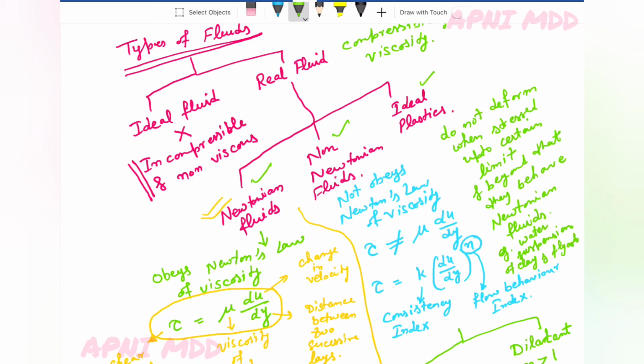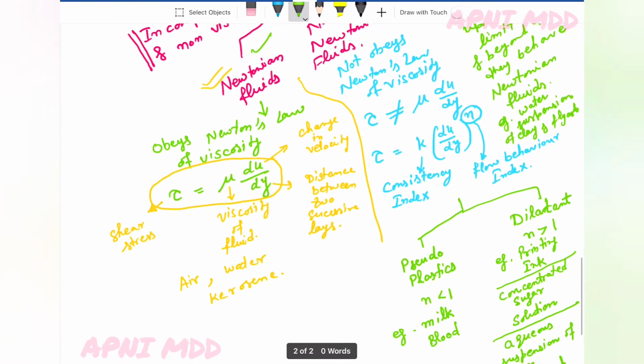So sewerage sludge, one example, another one is water suspension of clay and fly ash. So those are the examples of ideal plastics. So these are the different types of fluids we have.